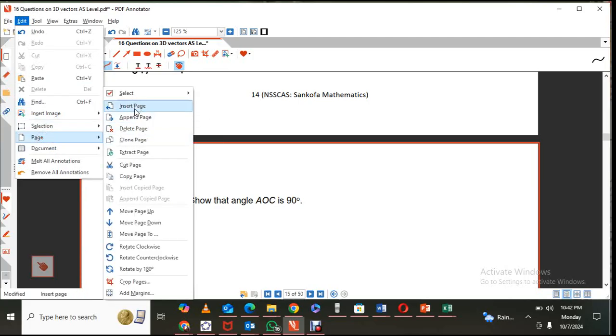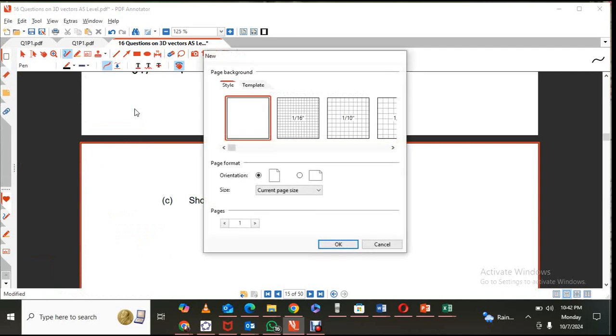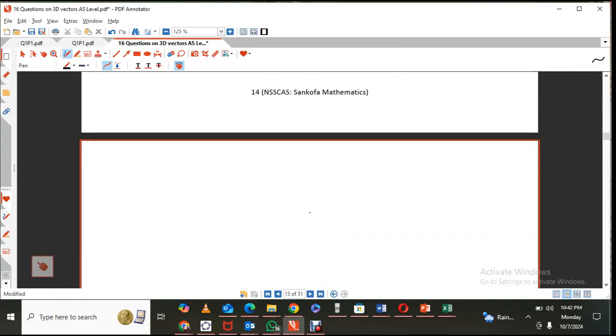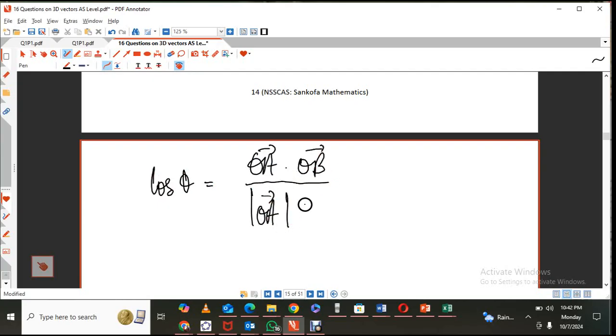Now, for us to find the angle, you know that cos theta is vector OA dotted with vector OB, divided by the magnitude of vector OA times the magnitude of vector OB.